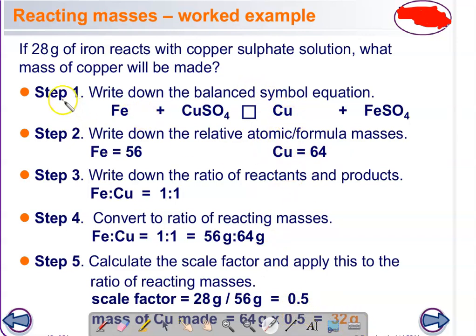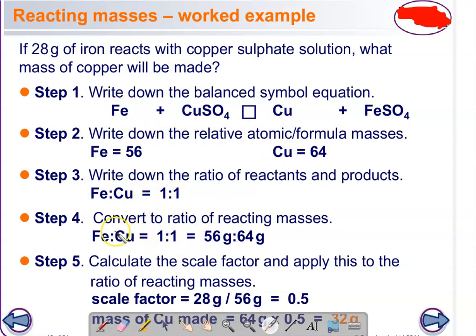Now the steps again. Write down the balanced symbol equation. You then go ahead and write down the relative atomic masses. Look at the ratio, 1:1, write that down.